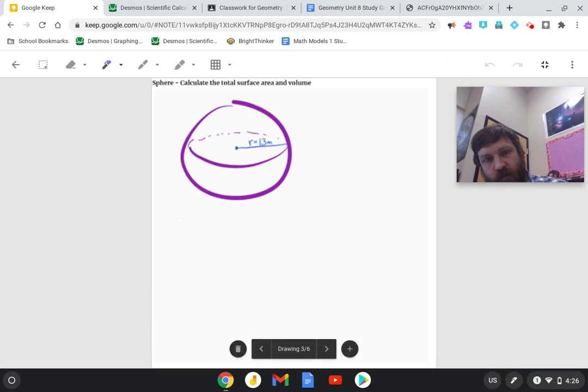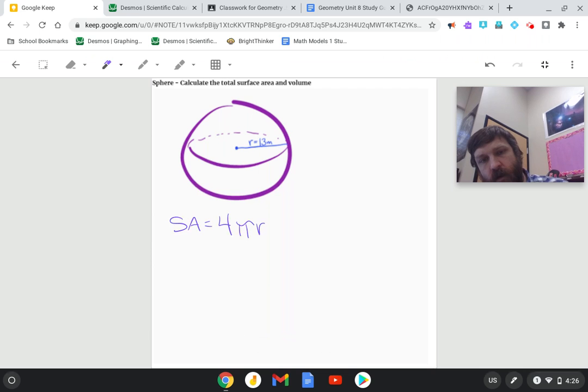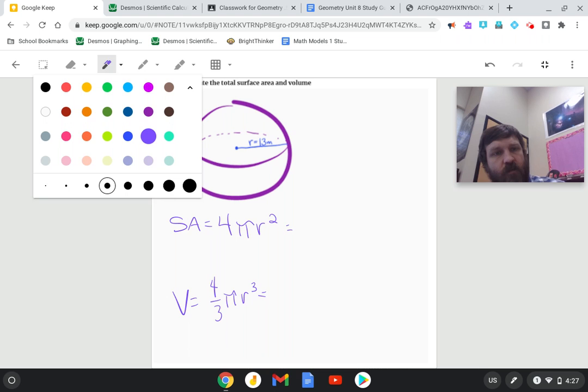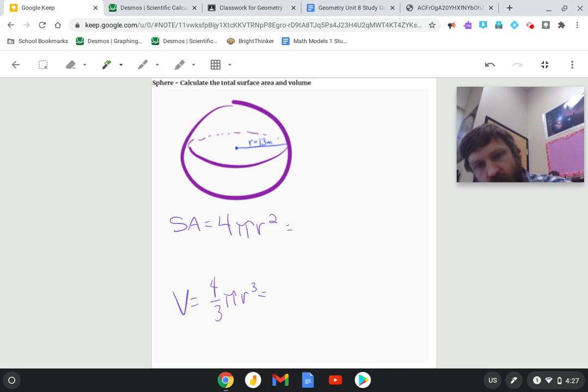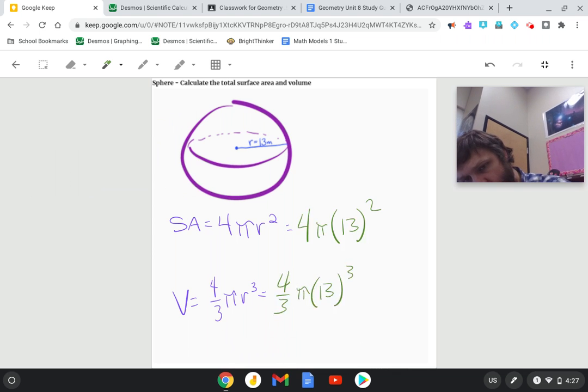You just have two simple formulas here. You have surface area equals 4 pi r squared, and you have volume equals 4/3 pi r cubed. It's as simple as plugging in your r value, 4 pi times, in this case, 13 squared, or 4/3 pi 13 to the third.